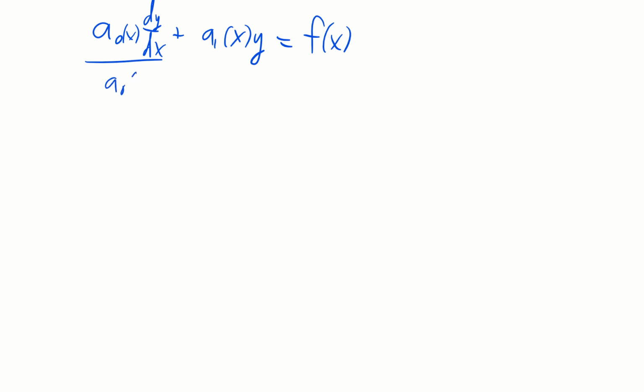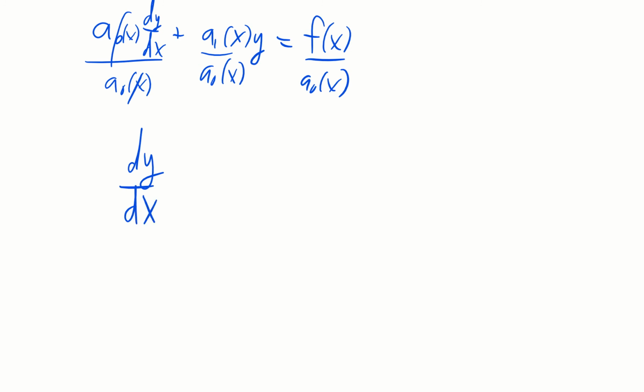So if you started with, let's say, a0 dy dx, where a0 is a function of x, plus a1 of x times y equals some function of x, let's call it f of x, all we would really do is divide by that a sub 0. And then this would cancel, and so what we're going to be left with is the following.